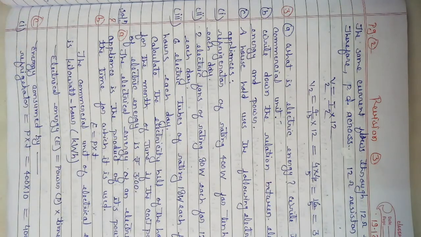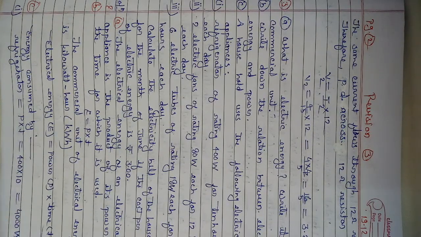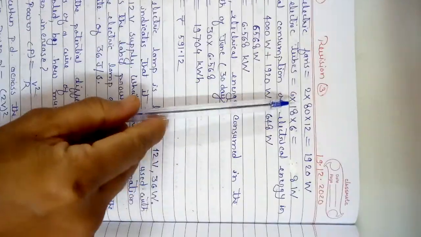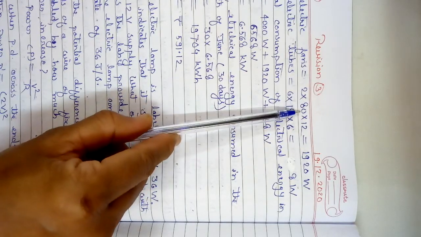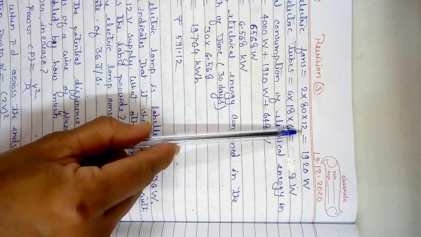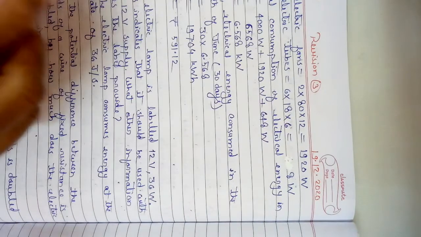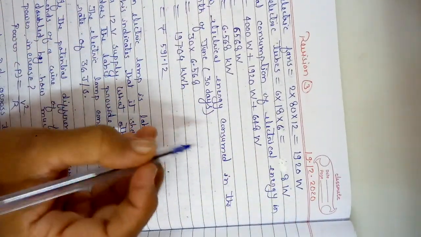Now energy consumed by a refrigerator will be given by P into T, and it is 400 into 10 equals 4000 watt hour. For two electric fans, it will be 2 into 80 into 12, where 80 is the power consumed by one electric fan and 12 is the time for which it has been used. It gives us 1920.